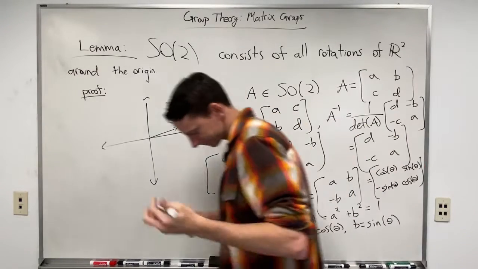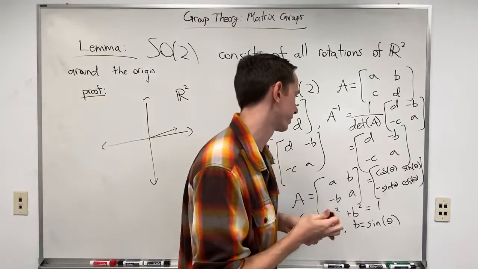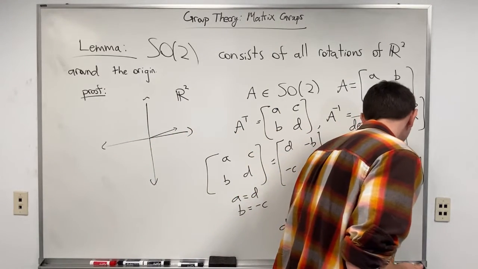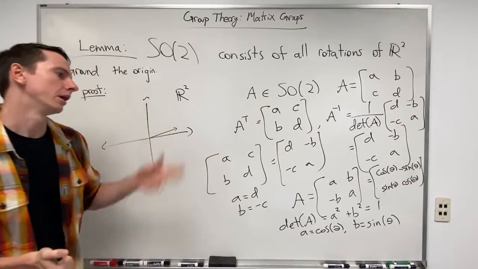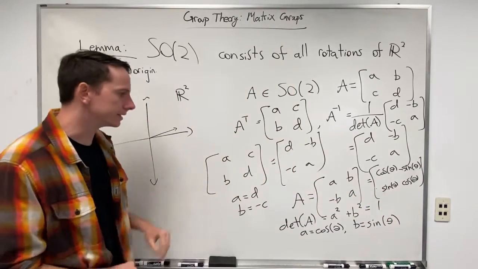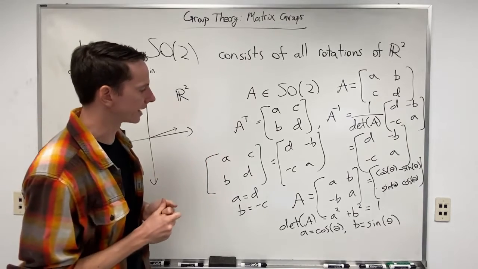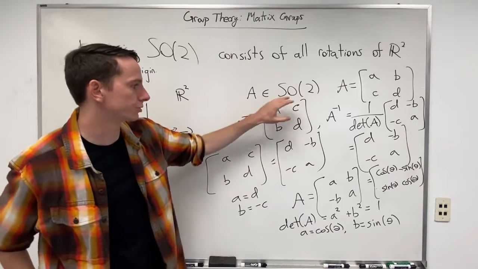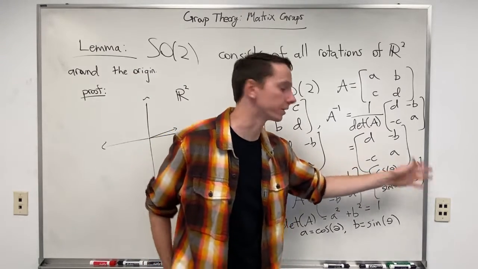Or you could rearrange variables in such a way where you have the minus sign right here as well, which is what Dexter ends up doing. He writes everything in terms of a's and c's, and then when you do that, you'll naturally get this. But the main idea, and what we're trying to show here, is that any matrix A in SO2 will have this form of cosine theta, sine theta, negative sine theta, cosine theta.